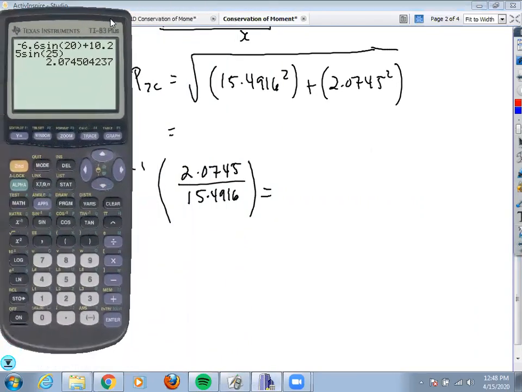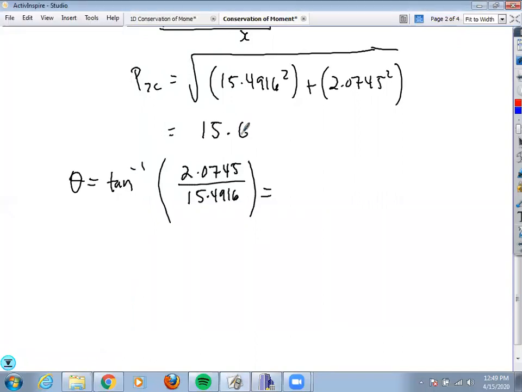15.4916 squared plus 2.0745 squared. And then we take the square root of the answer, 15.62988 kilogram meters per second.